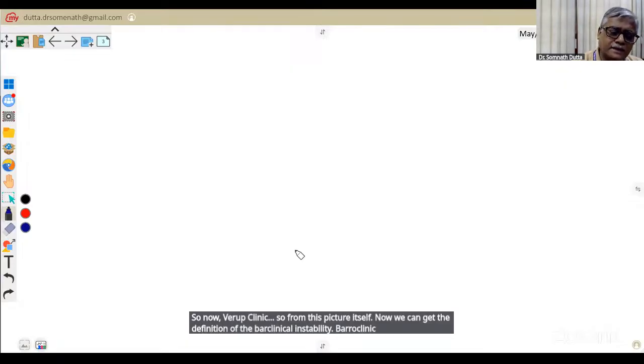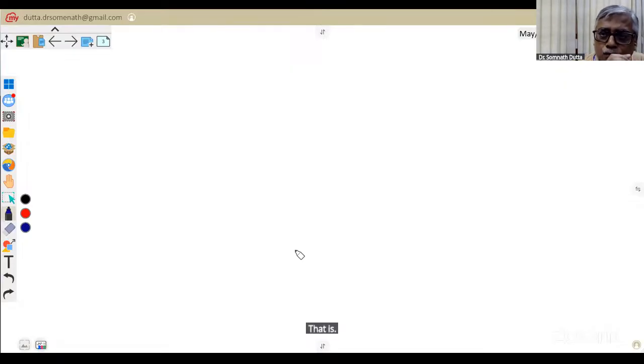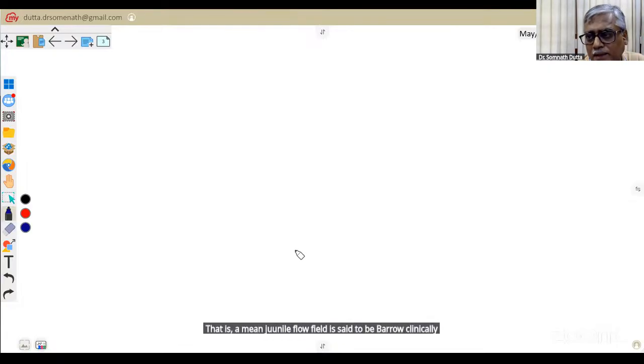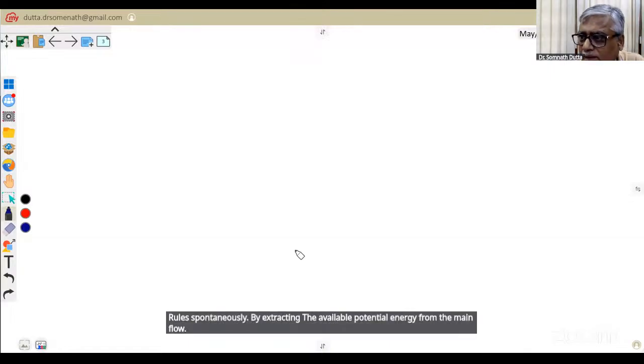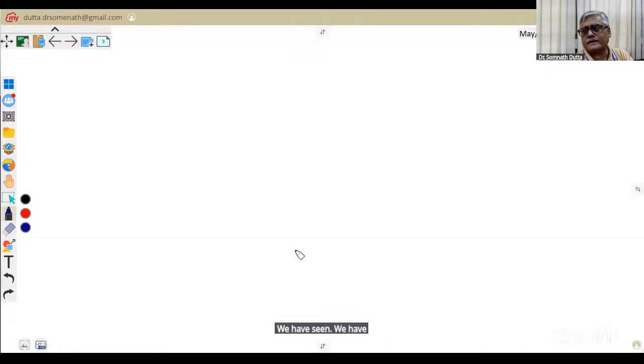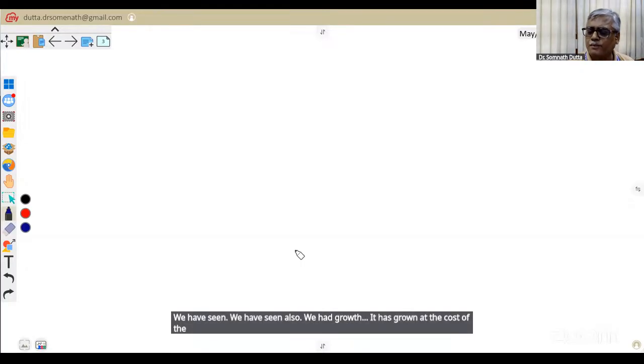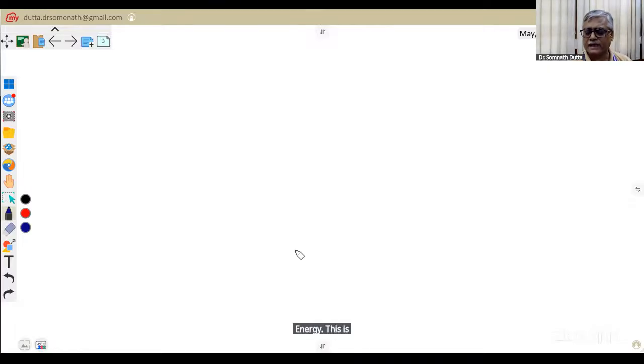Baroclinic instability is defined in this way: a mean zonal flow field is said to be baroclinically unstable if a small perturbation introduced in it grows spontaneously by extracting the available potential energy from the mean flow. We have seen also it has grown at the cost of the zonal available potential energy. This is the definition.